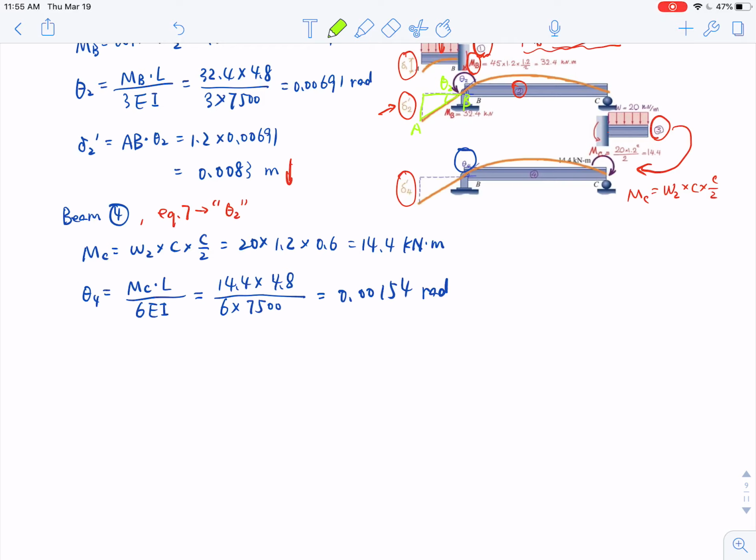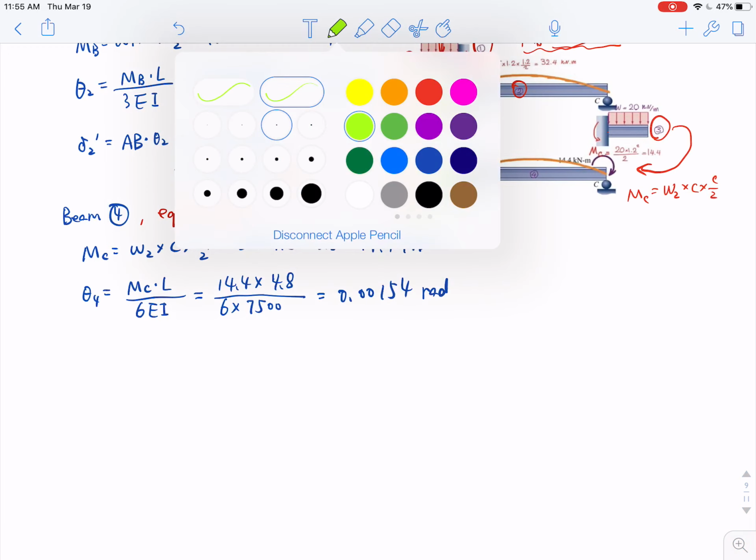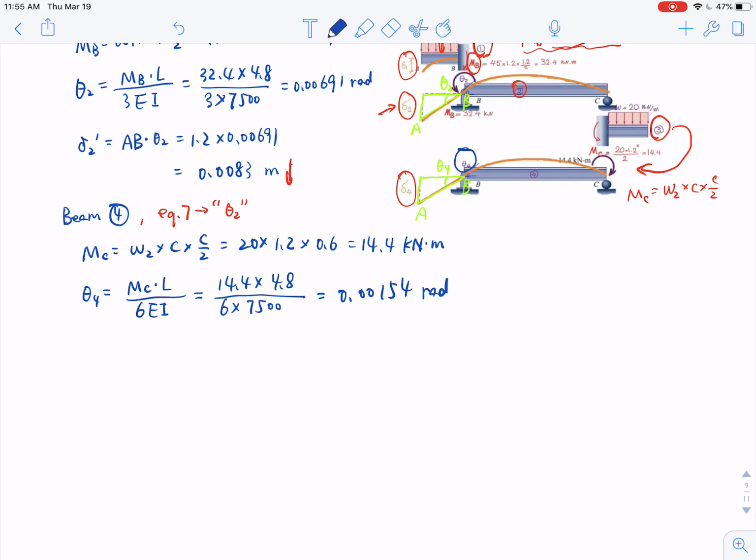Again, now we can examine this triangle. You have this angle here, theta 4, and you have B and A. So the third component of the deflection at point A, delta 4 prime, can be calculated as AB times theta 4.